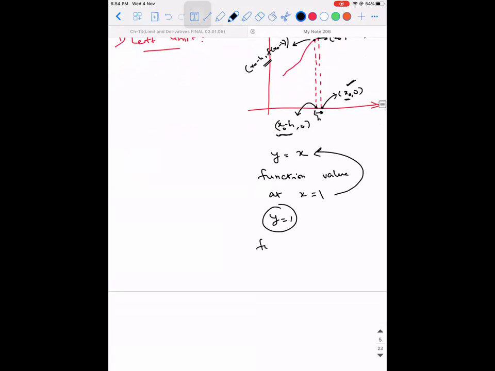Okay. If I ask you, what is the function value at x is equal to 0.99999? What will your answer be? Approximately 1, sir. It is approximately 1, right?